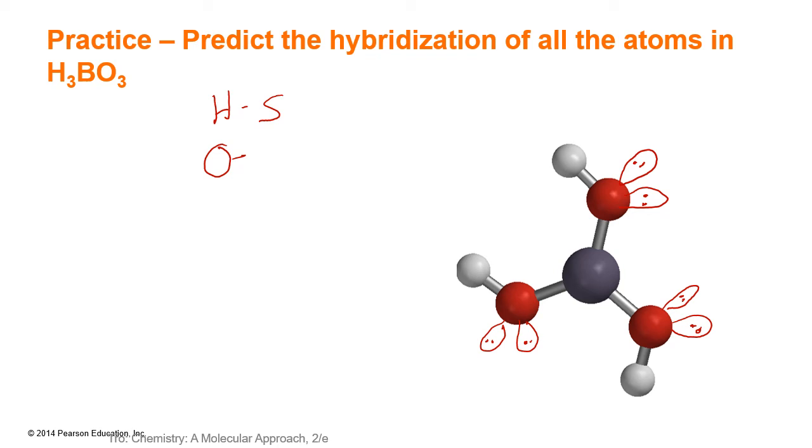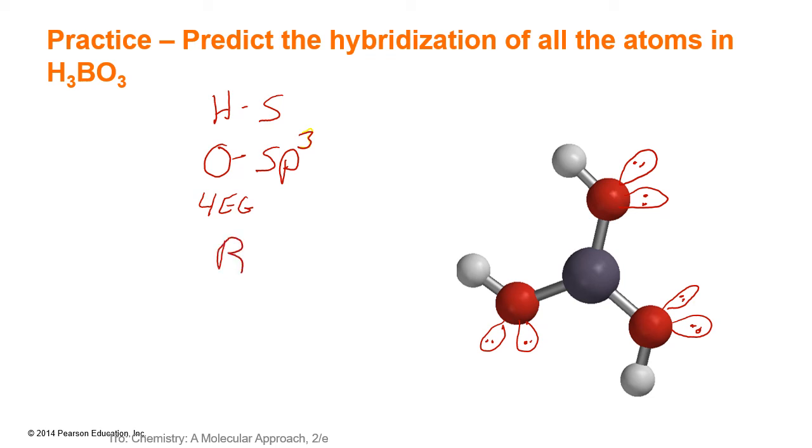So our oxygen has 4 electron groups. Remember, lone pairs count as an electron group. So we're going to need 4 orbitals. We start with s, and we are going to need 3 p's. So each of our oxygens would be sp3 hybridized in this case.